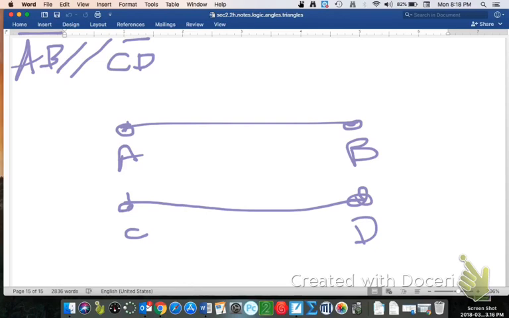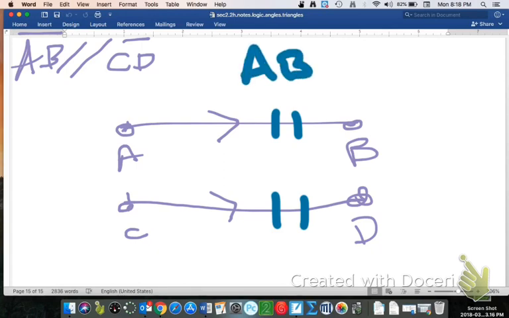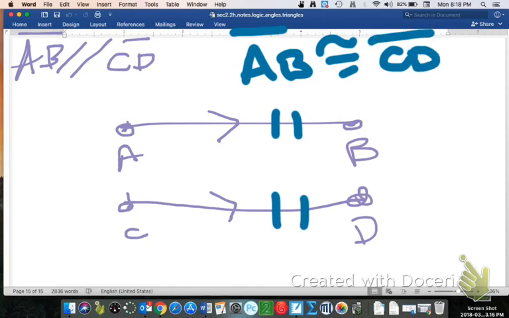Now, the way that we show parallel lines on a diagram is we use these little arrows. So if I wanted to say these segments were congruent, then I would use the tick mark, right? Remember, we do the tick mark to show that they're congruent, or we could do 2 tick marks. So that would say that AB is congruent to CD, okay?